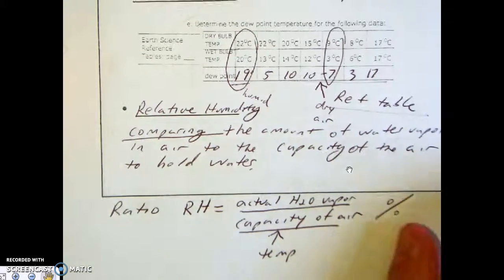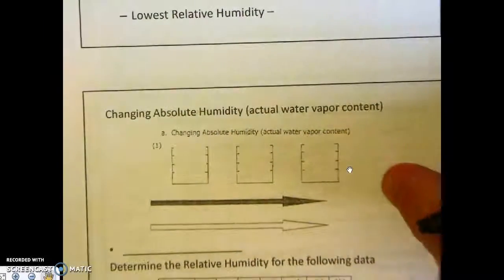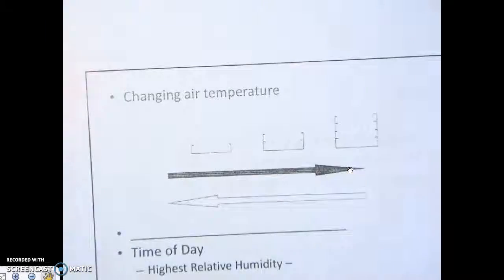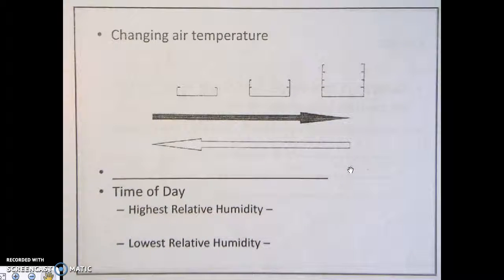So let's flip the page over. And now we're on page 19. Now, one of the problems with relative humidity, and I honestly think relative humidity is really a kind of terrible measurement of water vapor. I think dew point is far better.